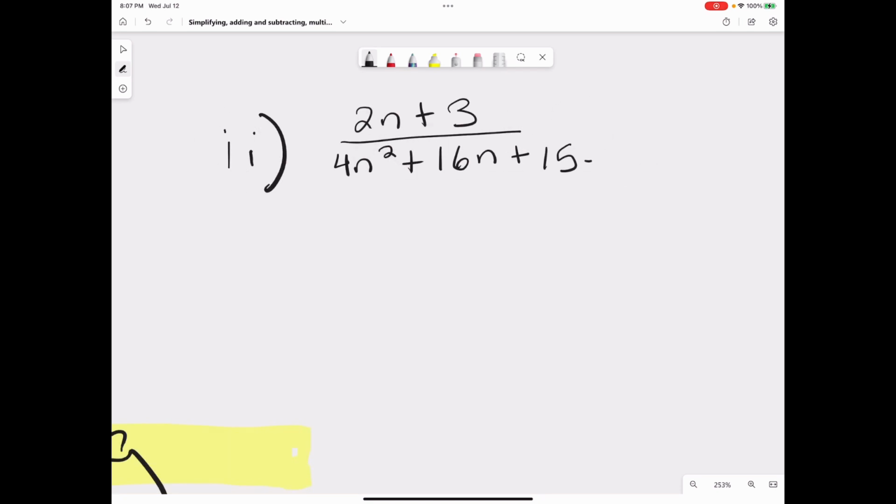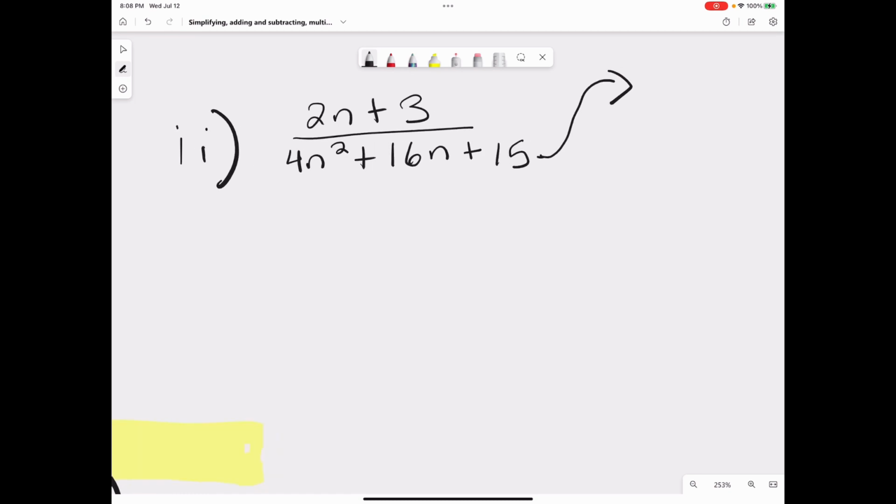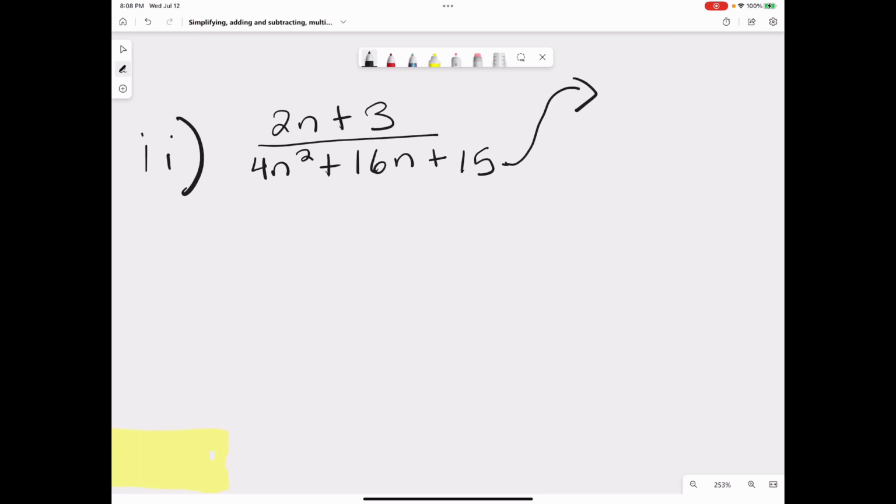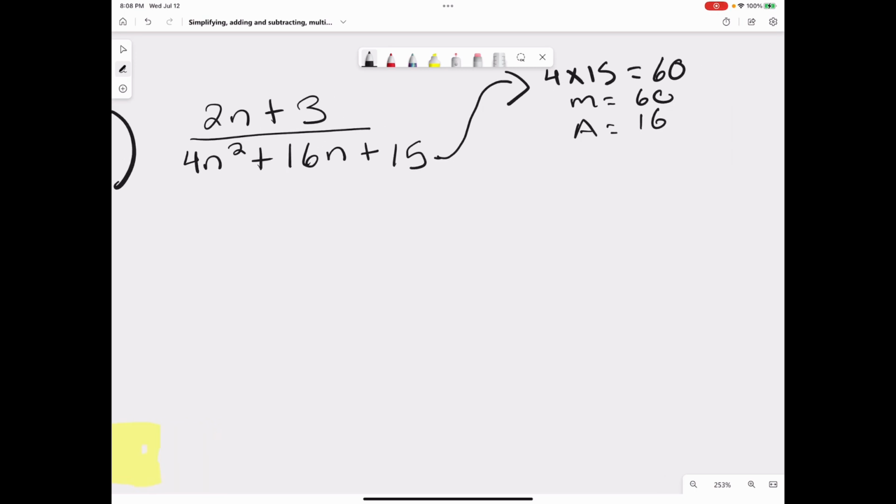Now for this equation, we want to do complex trinomial factoring over here. If you don't know how to do that, you can go to my video that I have posted on my channel. But just as a recap, because we cannot simplify this any further, we are going to multiply the 4 by 15, which equals 60. And then we have to find two numbers that multiply to 60 and add to 16, which is 6 and 10.